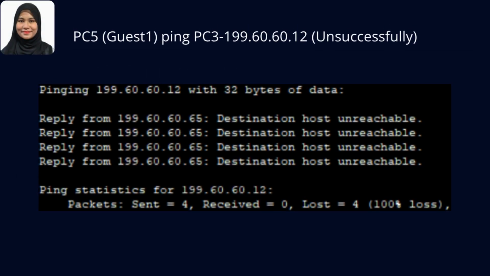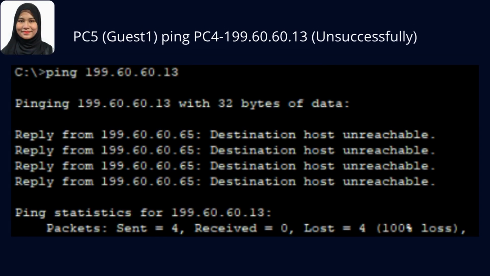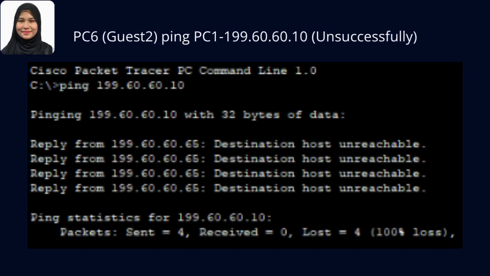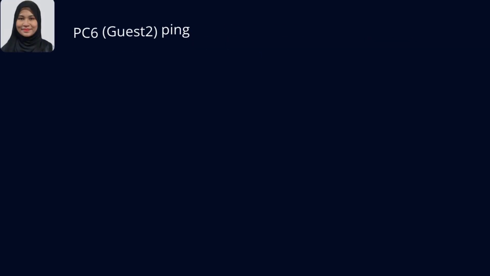Guest1 ping to PC3 is unsuccessful, and guest1 ping to PC4 is also unsuccessful, which is successful for us. And guest2 ping to PC1 is unsuccessful. Guest2 ping to PC3 is unsuccessful, as well as to PC3 and 4.